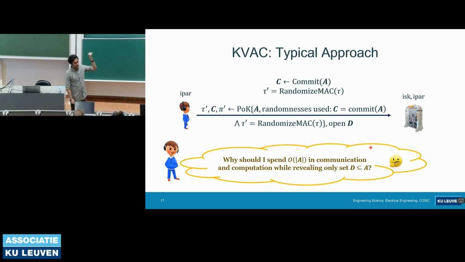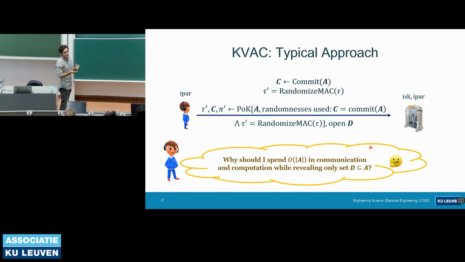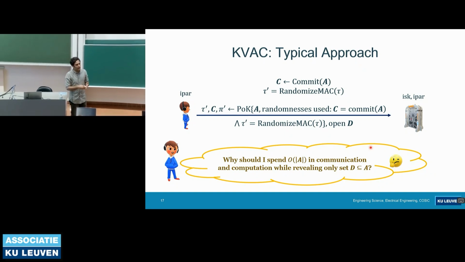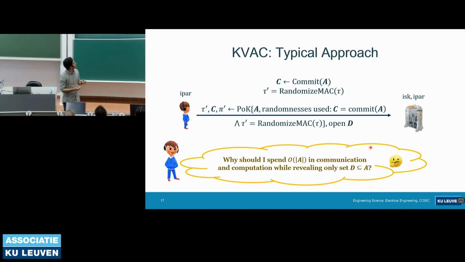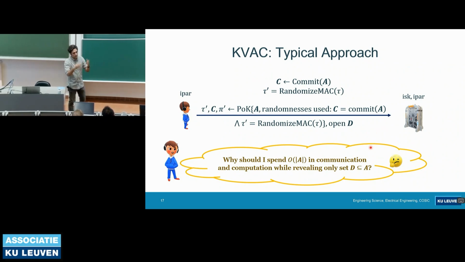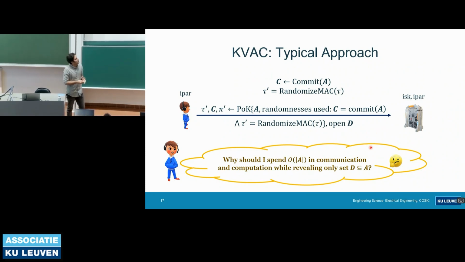Because as you can see, we have the whole set A as a witness for our zero knowledge proof, while I just want to reveal only a subset of the attributes. For example, if I have 100 attributes and I just want to reveal one of them, why should my showing phase spend order of size of A, 100 attributes?